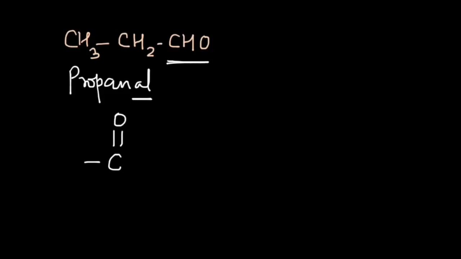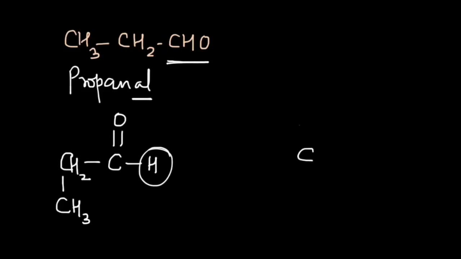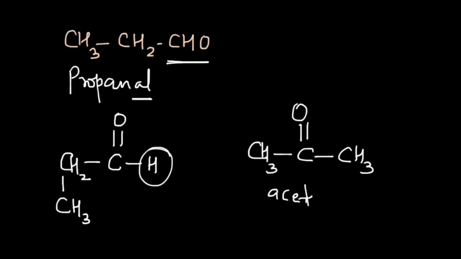It has a hydrogen atom attached here and a carbon atom on this side with two hydrogen atoms followed by a CH3. So what we can do is replace this hydrogen with another carbon atom, and we can modify this functional group as C double bond O and attach carbon atoms to both sides of that group, and we can get this compound, which is called acetone or propanone.